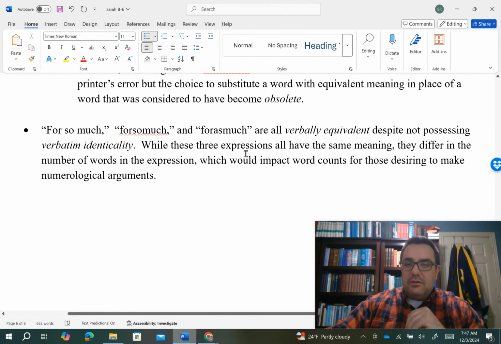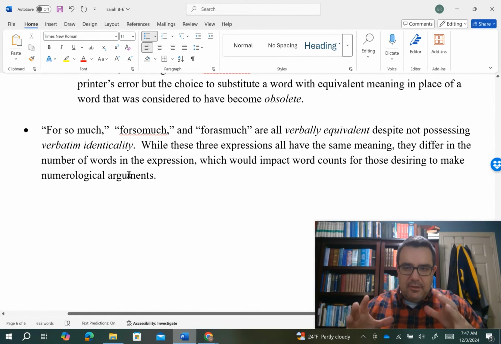Now, while these three expressions all have the same meaning, they differ in the number of words in the expression, which would impact word counts for those desiring to make numerological arguments. So there's a lot of argumentation in the pro-King James space right now that is based upon numerological word counting.